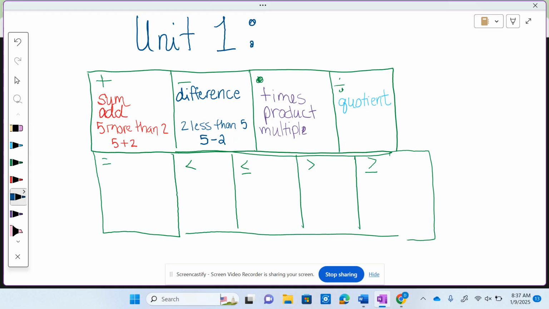What is the most common equal word? Equal to. Equal to. Okay. Let me tell you the most common equal word. I'm going to write it big.